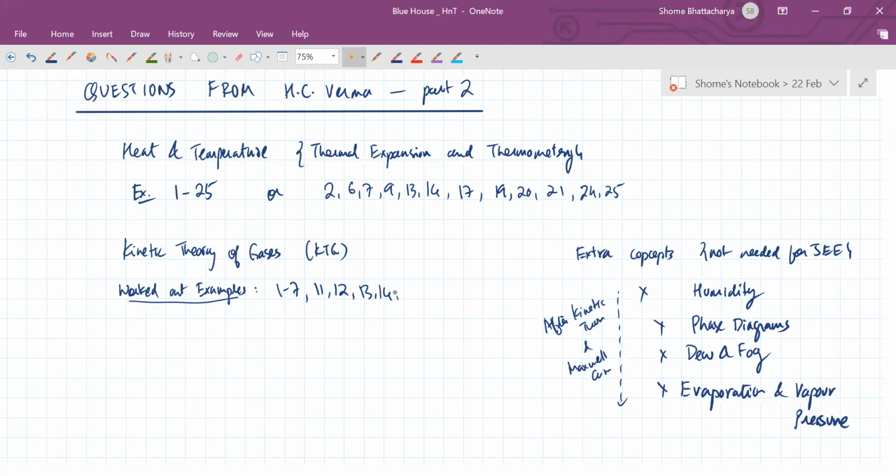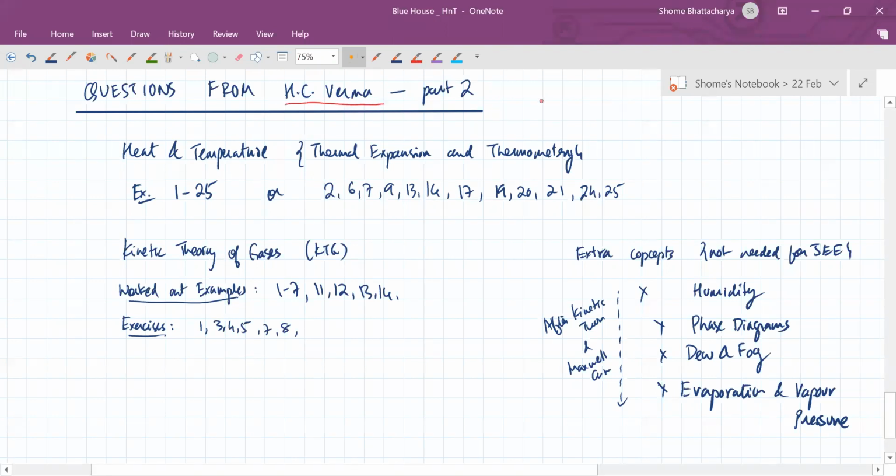Then come to the main exercise. This is from HC Verma, beta module I told you.